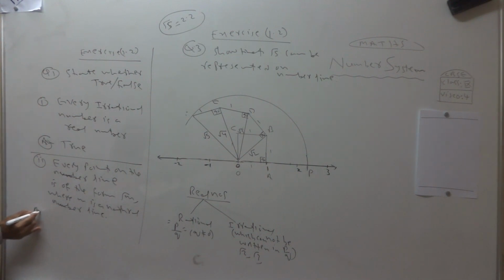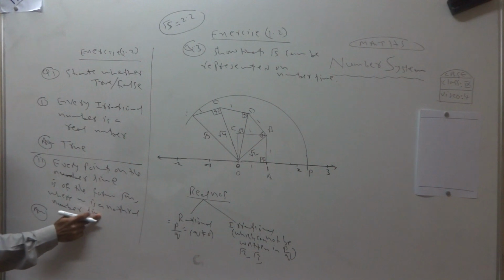So please see what is the meaning of this. Here it is asking whether every point on the number line is of the form root m, where m is a natural number. Okay?